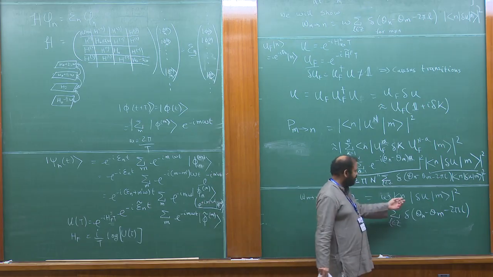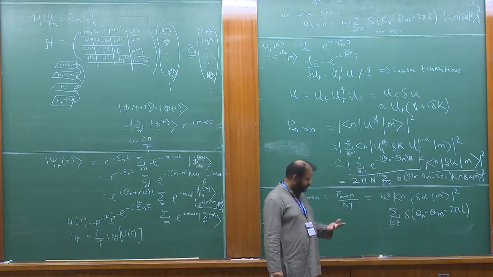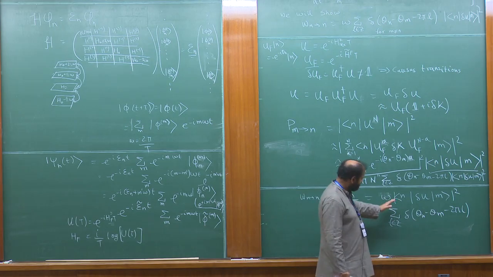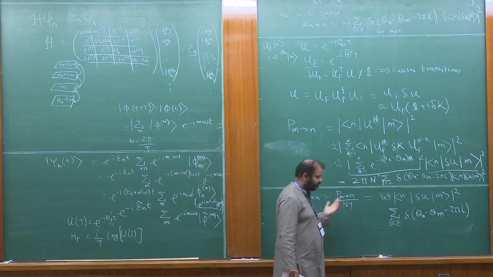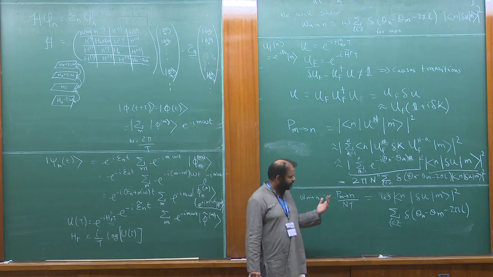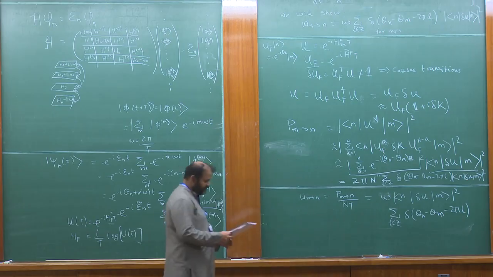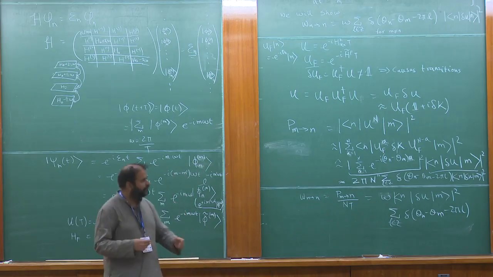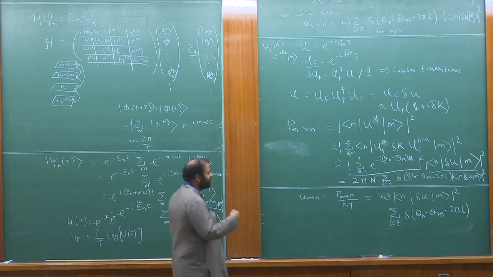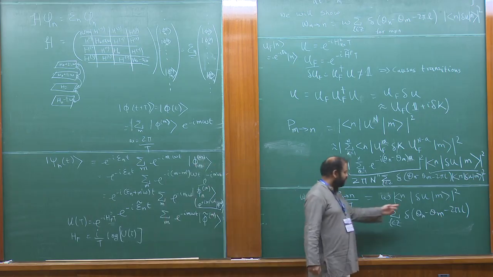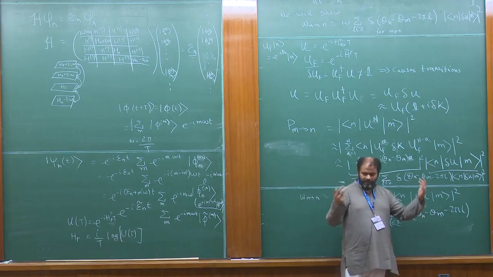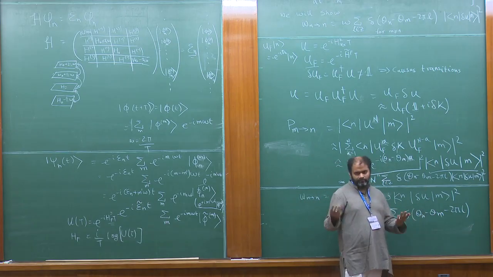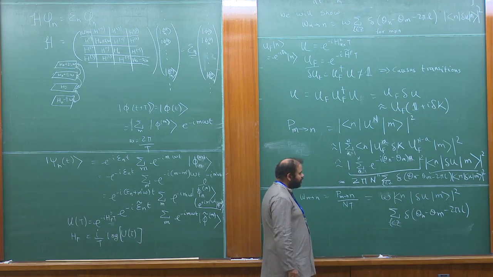And so the net result of all of this at the end of the day is that this rate of going from one eigenstate of HF to another happens with energy conservation modulo h bar omega, or modulo omega.